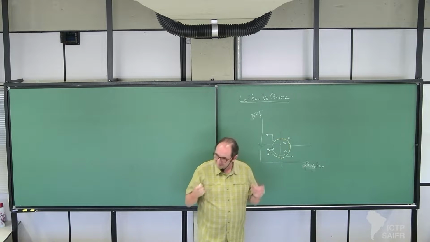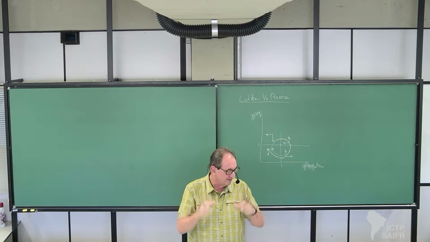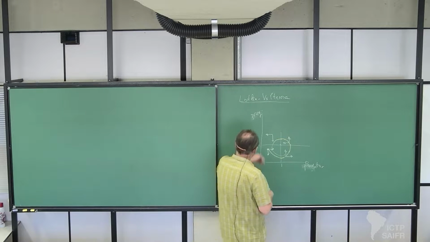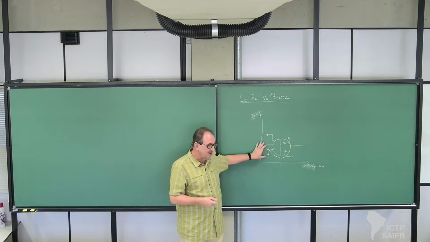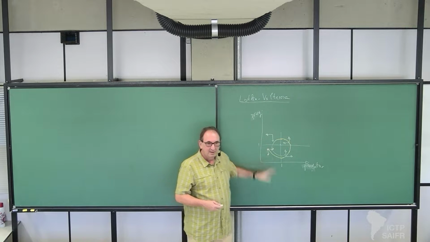Or it's not even a circle, it's a closed curve, okay? So we could not show that it's closed just by this reasoning, okay?